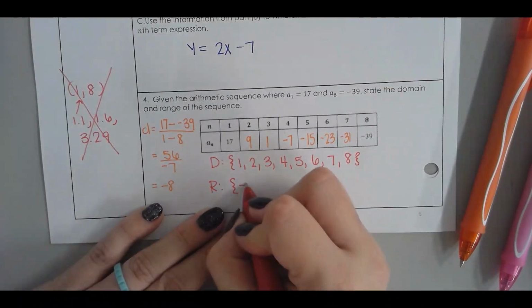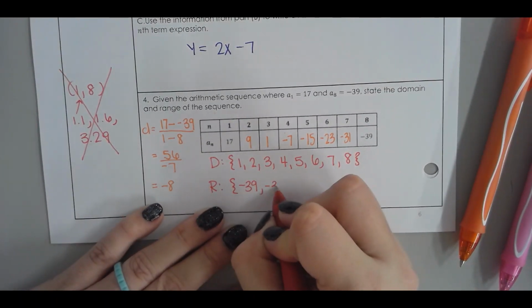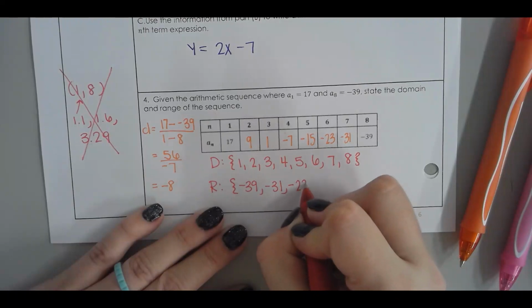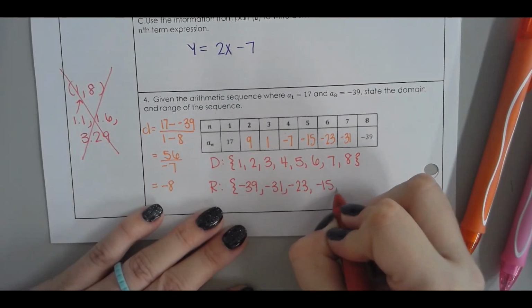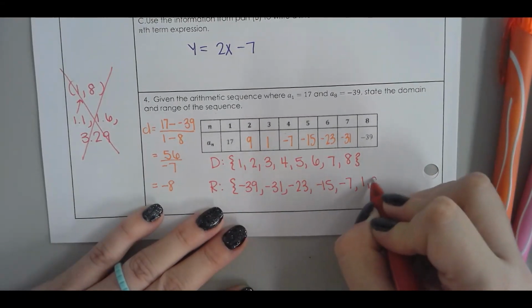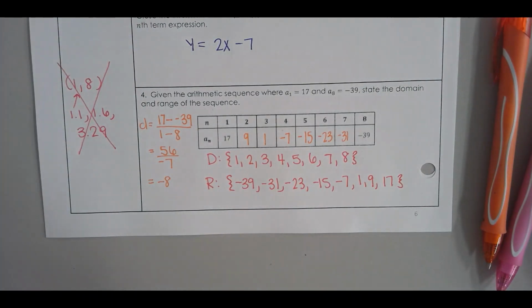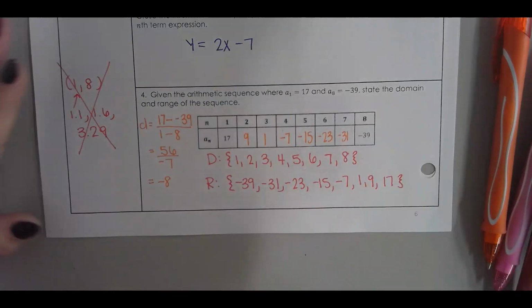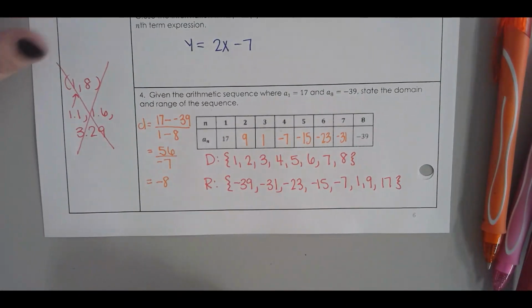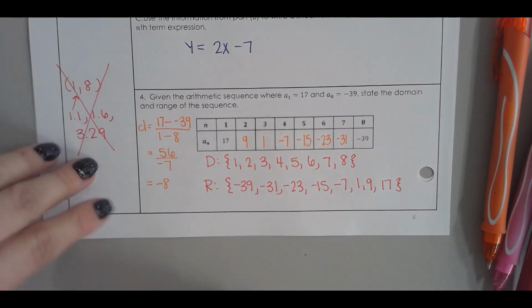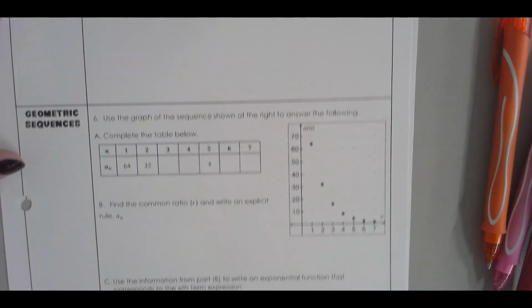So negative 39, negative 31, negative 23, and keep going. Any questions? All right.